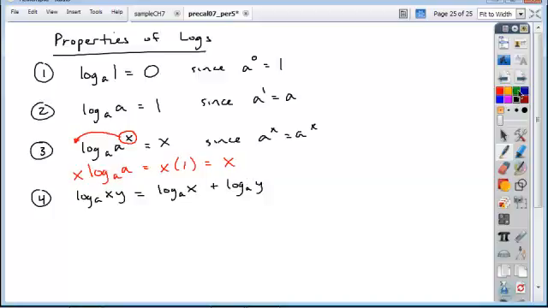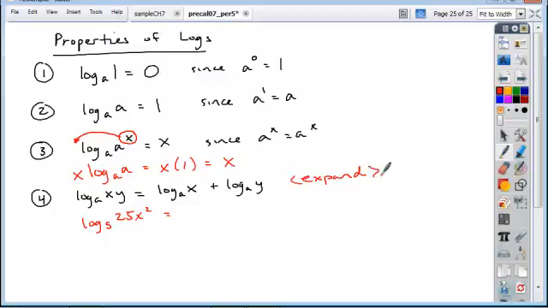When you're looking at this particular form, if you have the log base 5 of 25x squared, the terminology used to describe this is expand or an expansion.